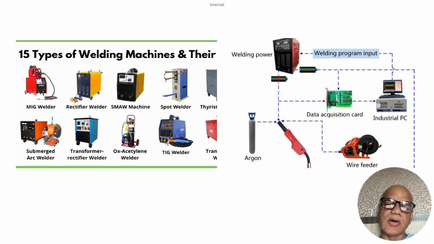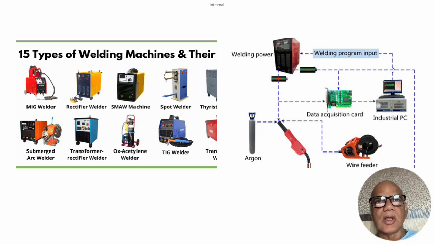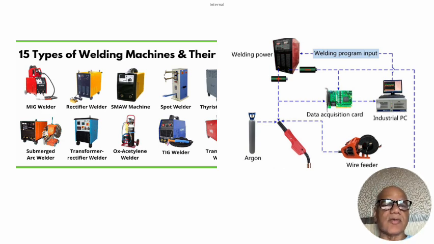You also have a control over the wire feed, and many of these machines in today's automation and robotics world are PC controlled, so that like a CNC machine, it gives the output. So these are the various types of welding machines and their usage connections we just saw.